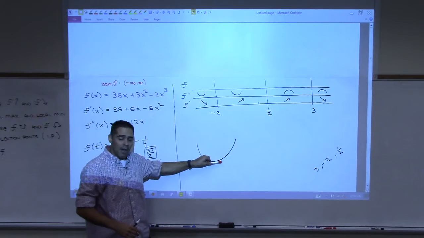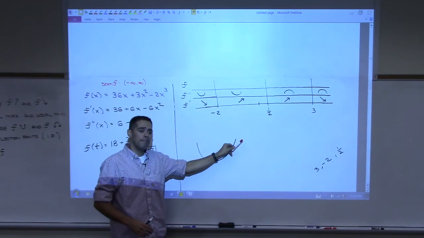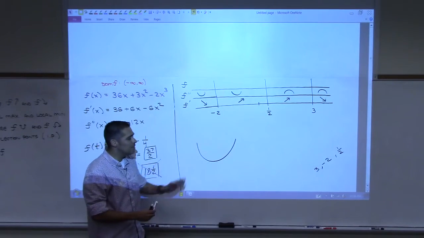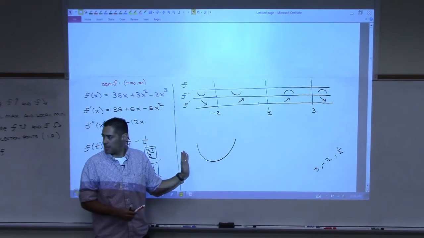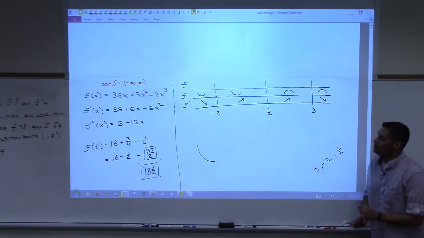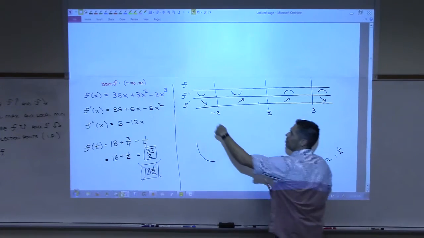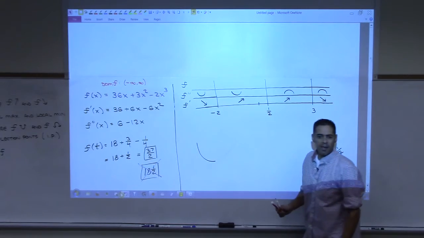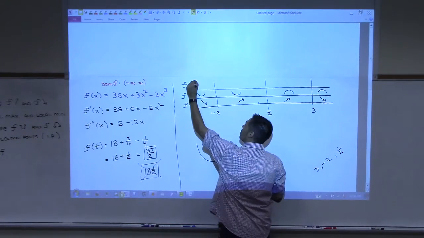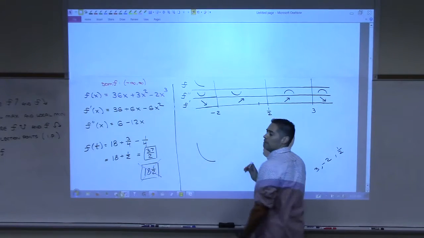But once I get to the bottom, now I'm going up, up, up. The only way to be going down on a smile is to be going down the left side. Do y'all see that? So if I cut this like that, that would be decreasing and concave up at the same time, wouldn't it? So in this section right here, I'm going to draw just the left side of the smile, like that.